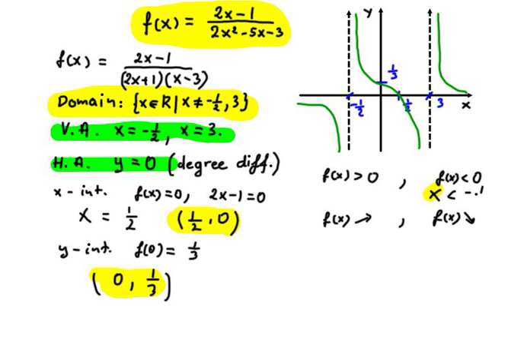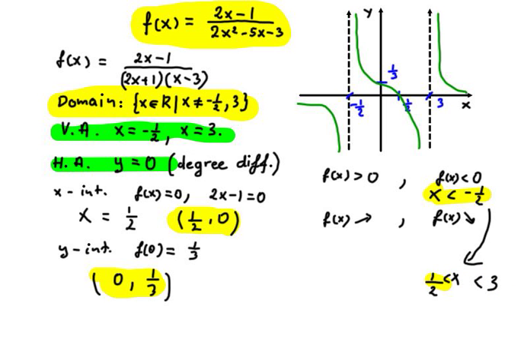and also x is between 1/2, which is the x-intercept, and 3. So these two intervals give us a negative reading for our function. The positive reading is the remaining intervals.